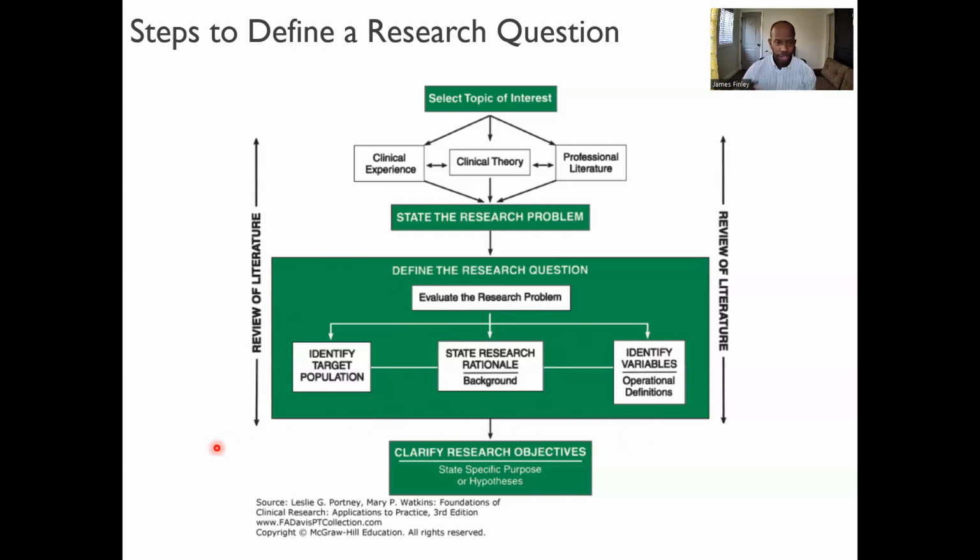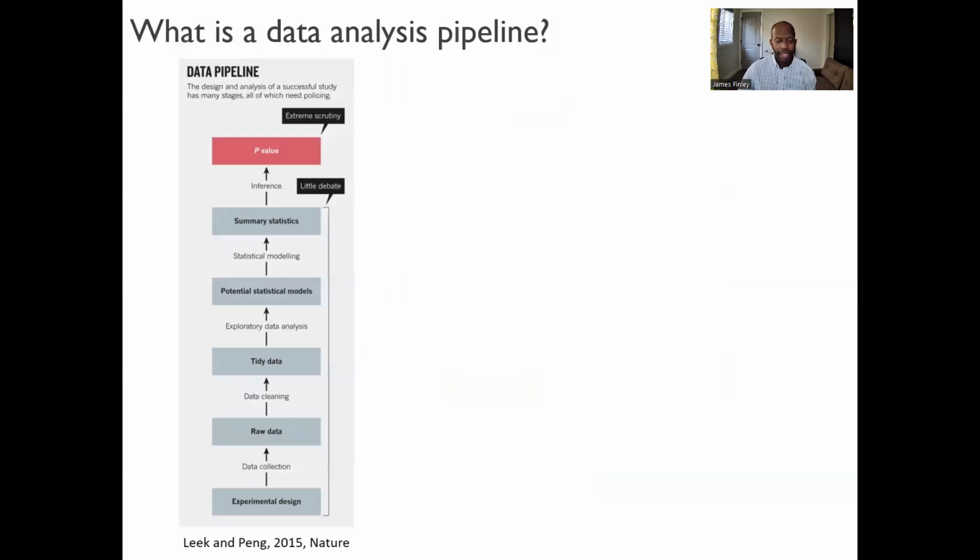And so for this course in Repro Rehab, broadly speaking, the assumption is that you've already done all of these steps. And you're at the point where you have collected data and are now thinking about how best to analyze or process that data. So when we talk about data analysis pipelines, it's helpful to have this visual of what steps go into this type of process.